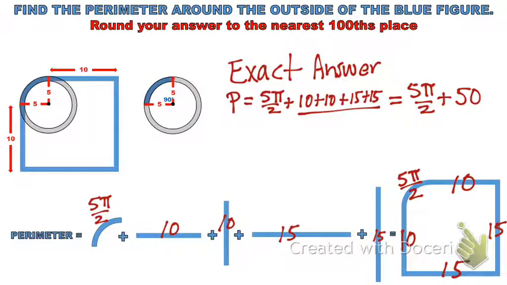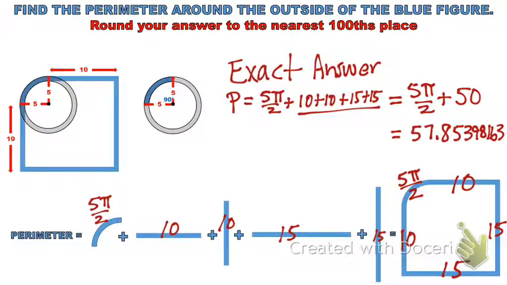Now, in the directions, it says that we need to round our answer to the nearest hundredth. So when you're looking at your Casio FX 300 ES Plus and you see 5 pi over 2 plus 50 on the screen, you can hit the SD button and it will change your answer to 57.85398163.